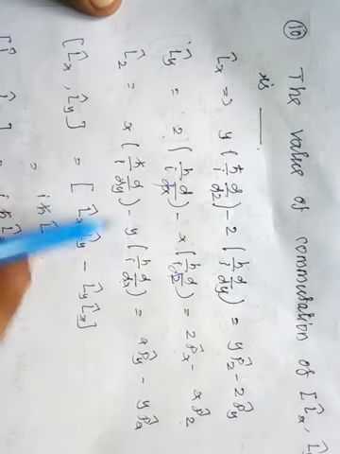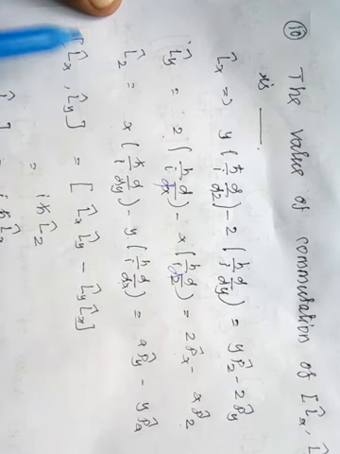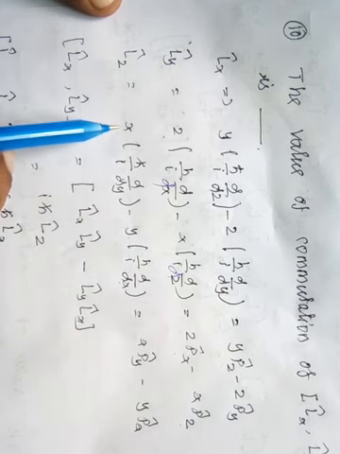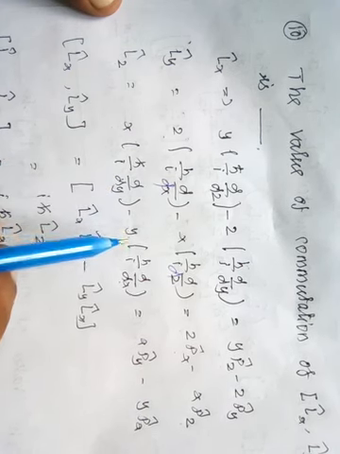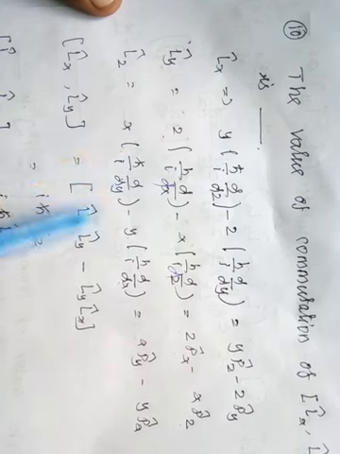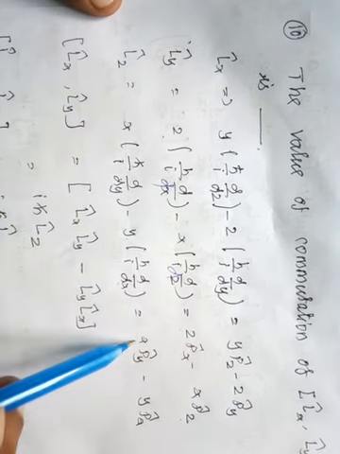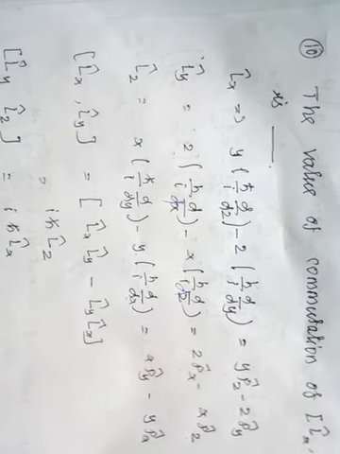If it is x, the z term will not come here, only x and y will come. If x comes first, then y comes in the denominator, and then y comes first and x in the denominator. This can be rearranged into x py minus y px. In this way we have to remember this.